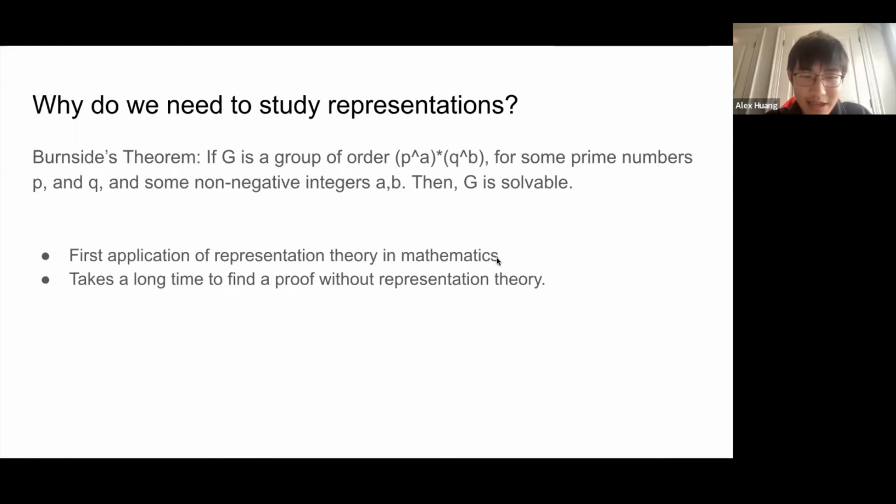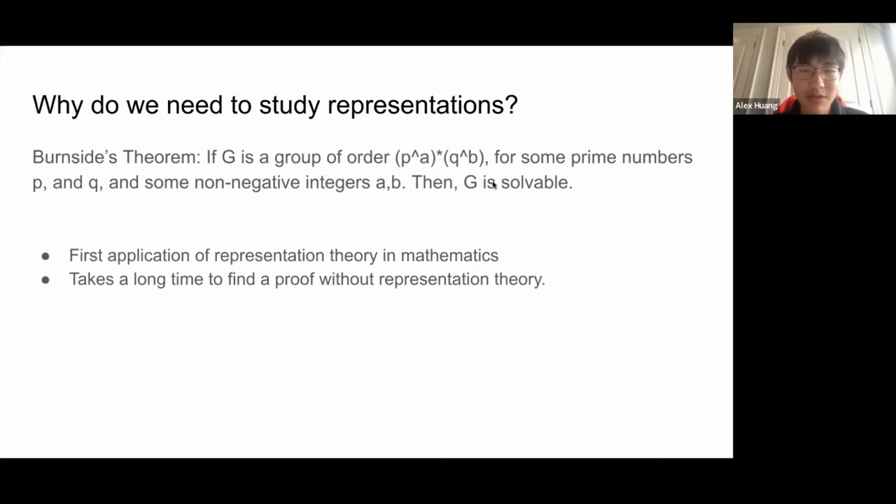And you know how long it took? Burnside was originally opposed to the creation of representation theory. He described it as a useless field, but in fact, after about 10 years, he became a pioneer in the field of representation theory, and he proved his most famous theorem using it.